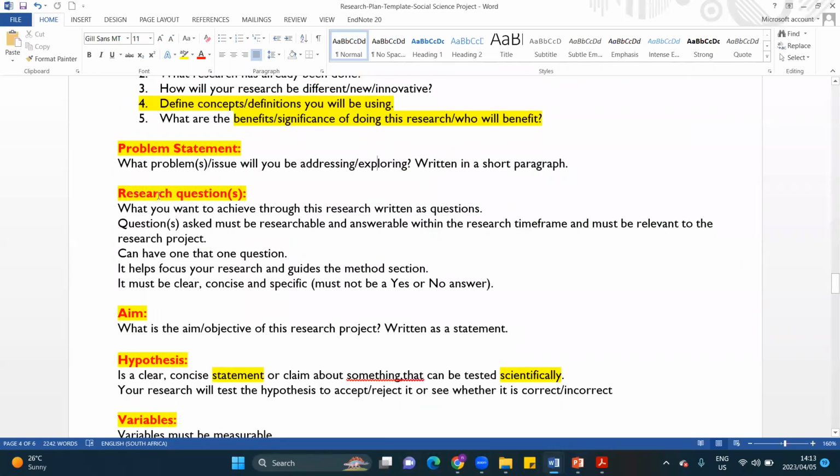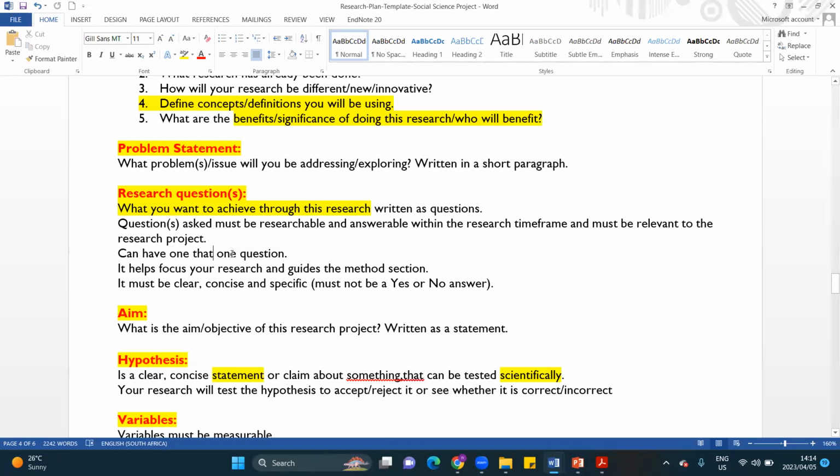The research question is kind of like your aim, reworded as a question. You are basically stating what you want to achieve through this research. You are very specific about what you want to achieve, and you state this in the form of a question. It can be one question, or it can be more than one question.